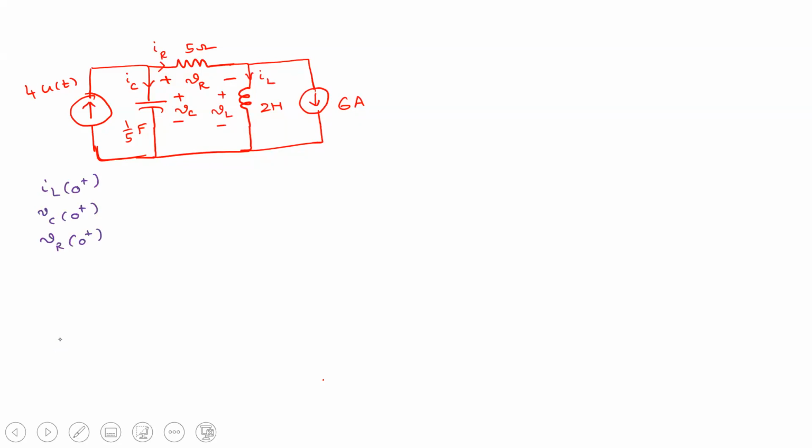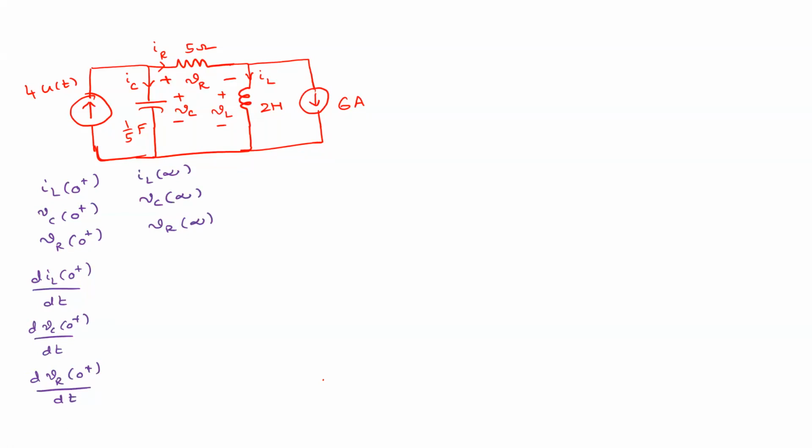Along with that, you also calculate dIL of 0 plus by dt, dVC of 0 plus by dt, and dVR of 0 plus by dt, and IL at infinity, VC at infinity, and VR at infinity. So these 9 things you are supposed to calculate. All right.